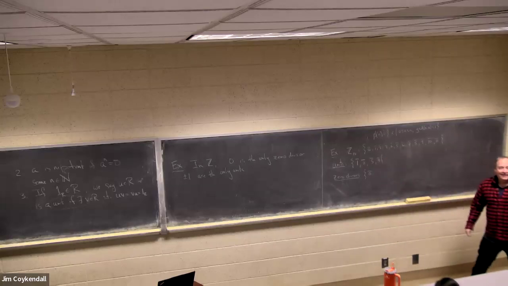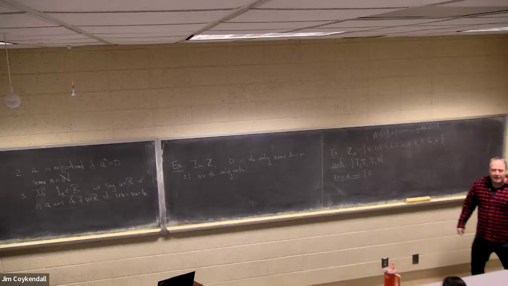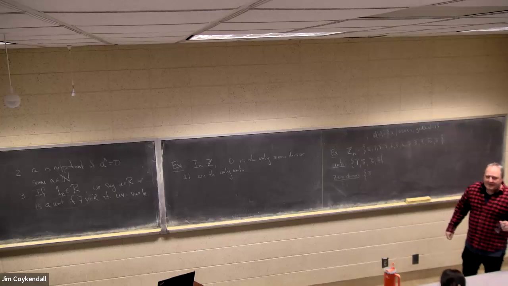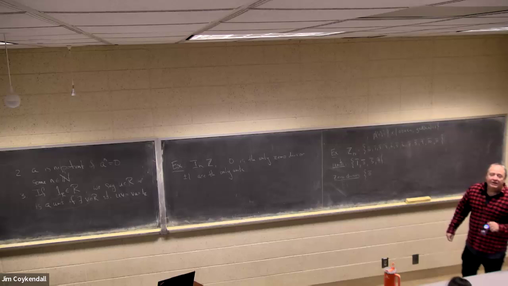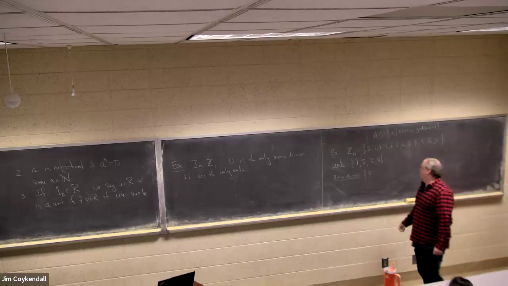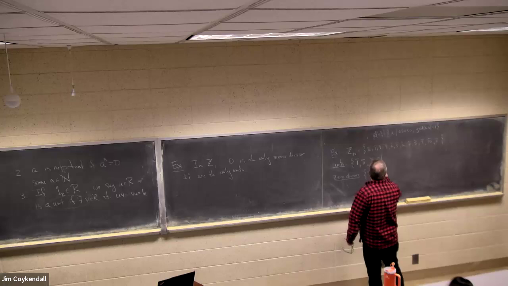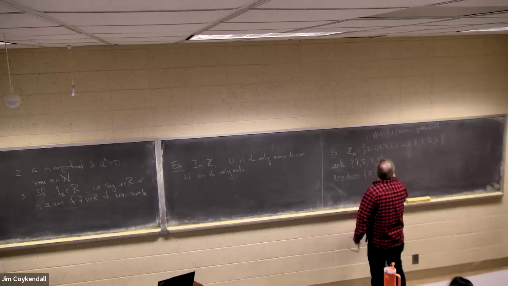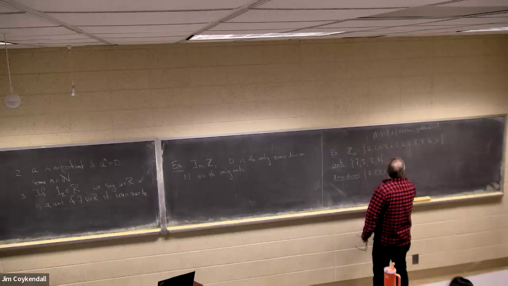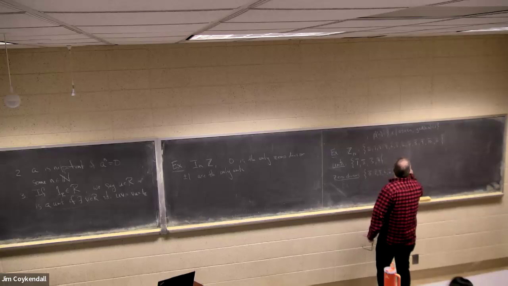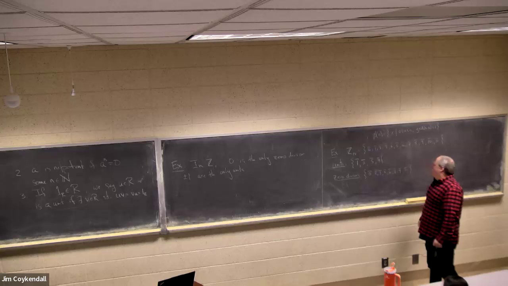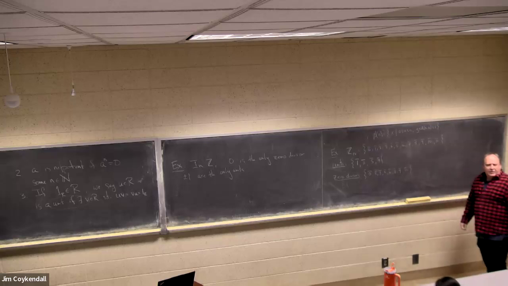What else? 6 is true. In fact, I'll go a step further. Everything not already listed is a 0 divisor. But 2, 3, 4, 6, 8, 9. Why are these things 0 divisors?